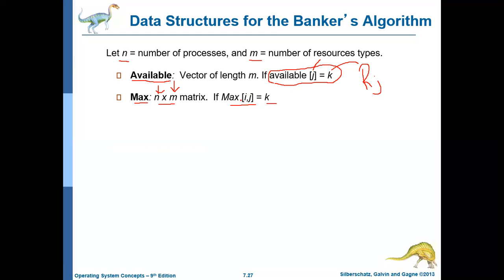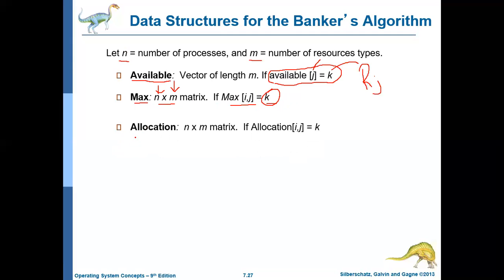Every process should declare their max at the beginning itself to the operating system, that is, how many instances of each resource they will require. So they will give us a matrix.